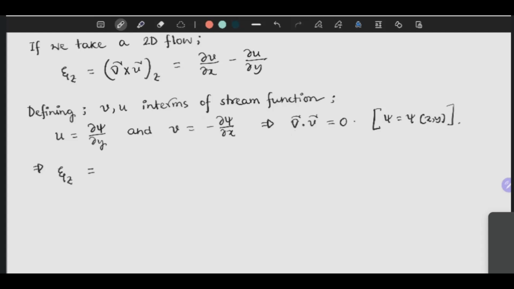So divergence of V will be del u del x, that means delta psi del x del y, and del v del y will be minus delta psi del x del y, and that will cancel out, and that will satisfy this relation.